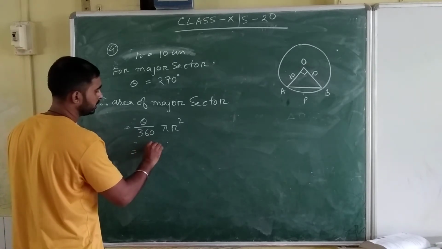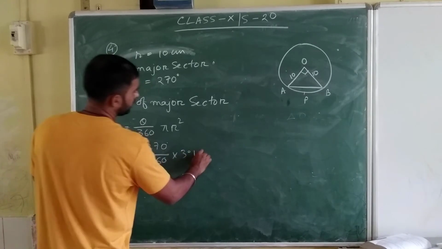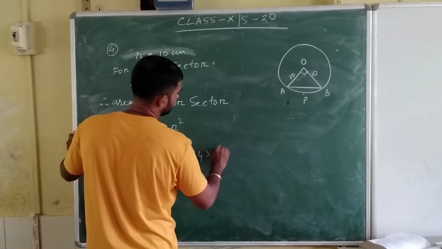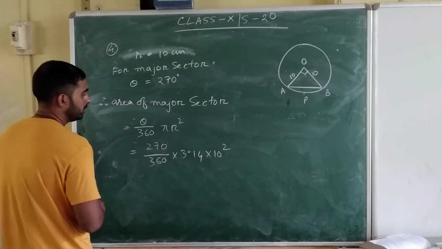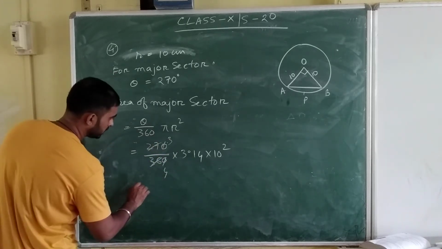Theta 270 by 360 pi r square. This one cancels, 9 3s are 27, 9 4s are 36.